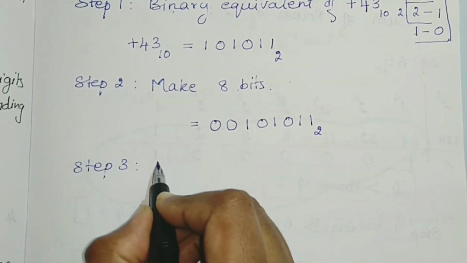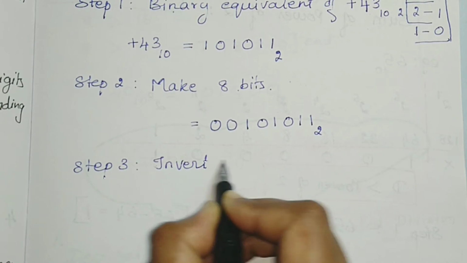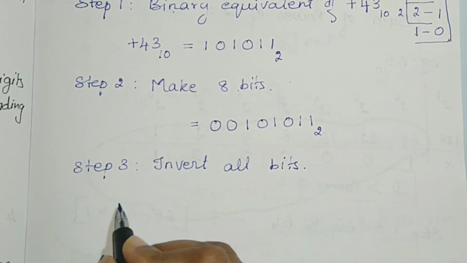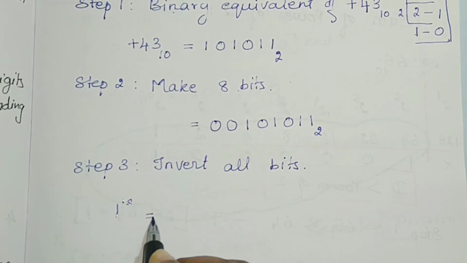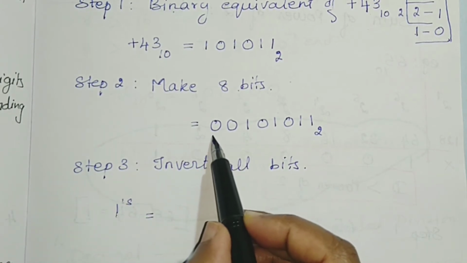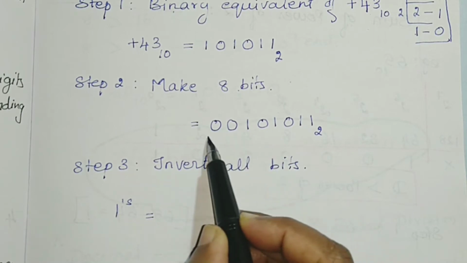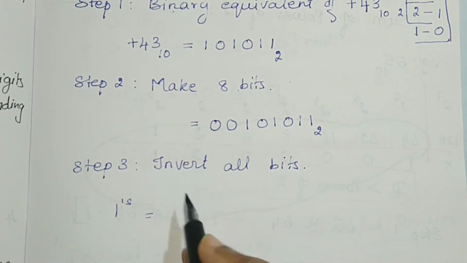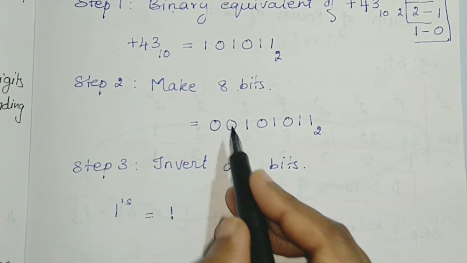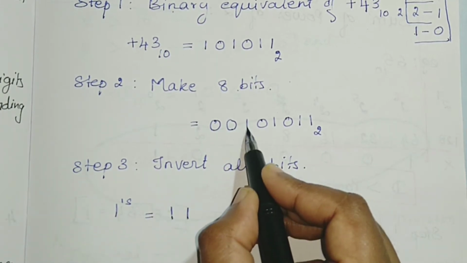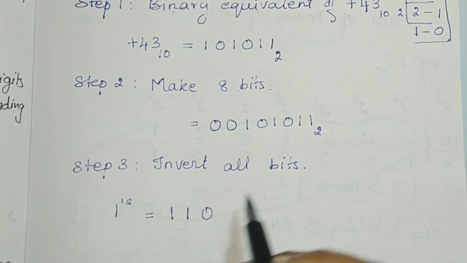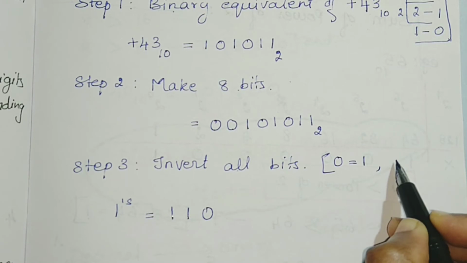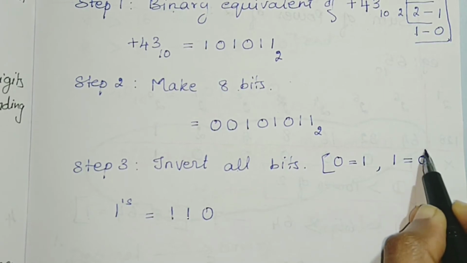Step 3. Invert all the bits of the given binary number. This step 3 is actually 1's complement, that is inverting all the bits in the binary number. How to invert? If you have 0, we have to write 1. Once again 0, so we write 1. If it is 1, we have to write 0. So this is inversion. 0 means you write 1, 1 means you write 0.